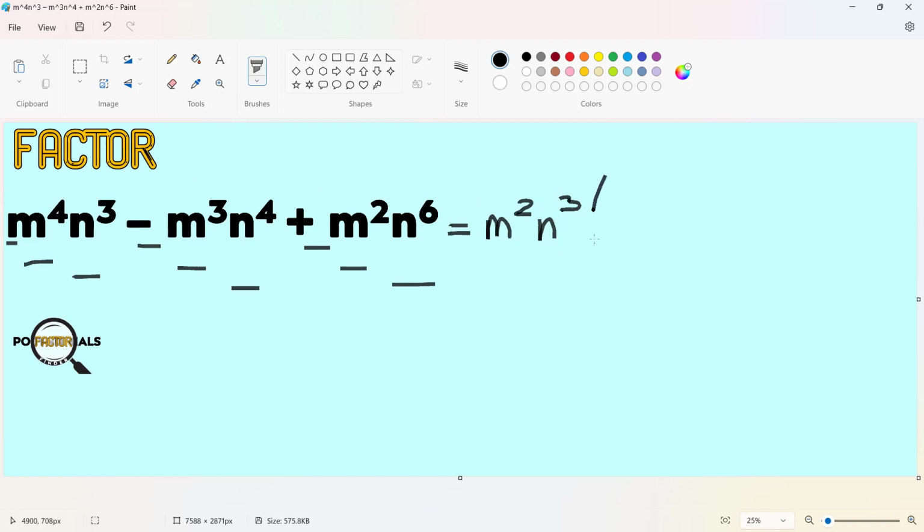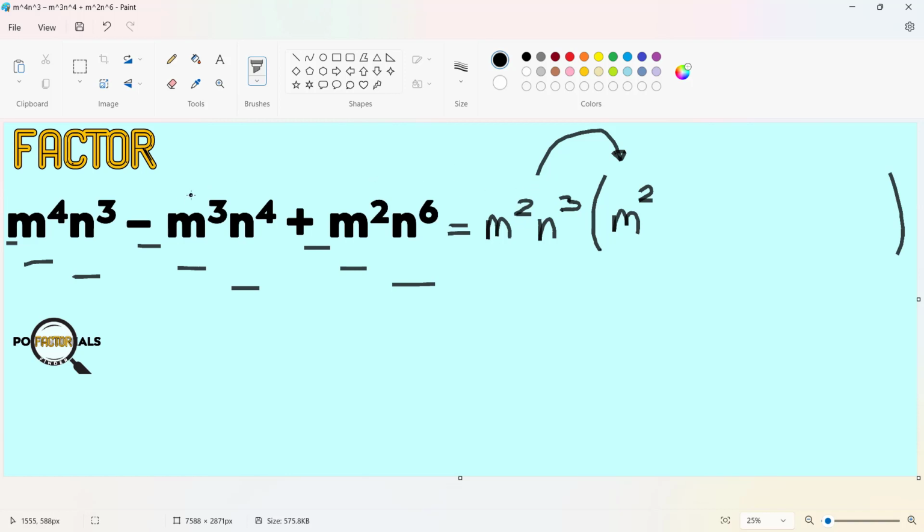And then we can continue factoring them. So let's do it like this. Since you have here m squared and n cubed, we're going to factor them out. What remains in the first term is just m squared. The entire n cubed is factored out. You can always check that using the distributive property, and you will see that it will return to m to the power of 4.